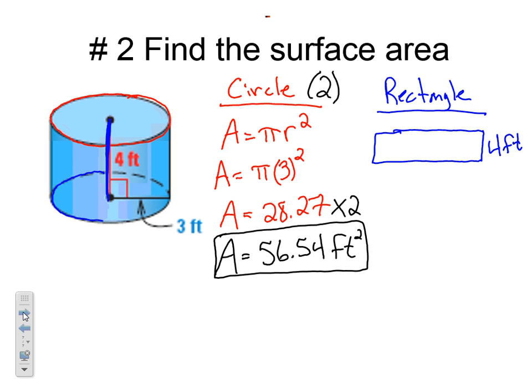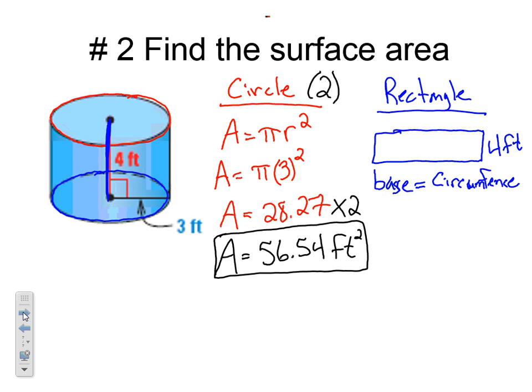My base is this right here. My base is the circumference. So whenever we're working with cylinders, write this down, please. The base equals the circumference of the circle. Okay, the base equals the circumference.